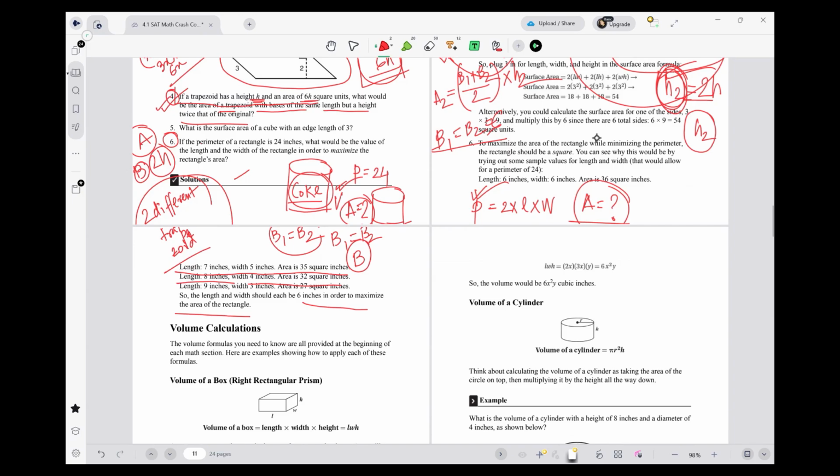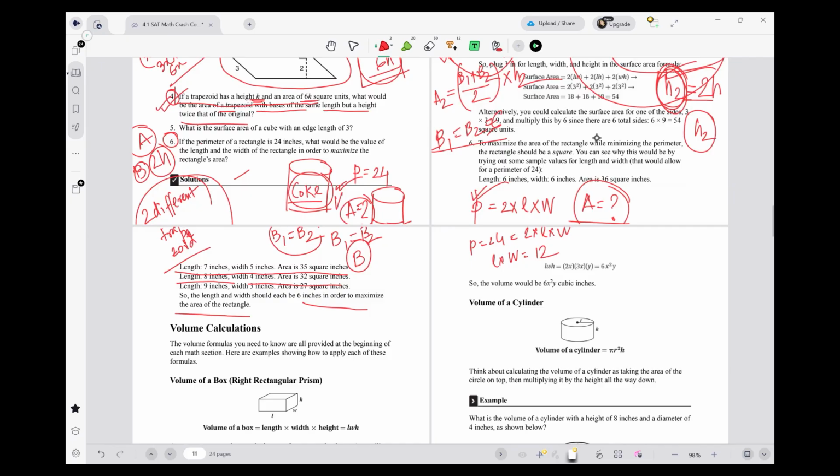With some trial and error, and the perimeter is given. Okay, the perimeter is 24. So perimeter P equals 24. That is 2 times L times W. So L multiplied by W equals 12, right?